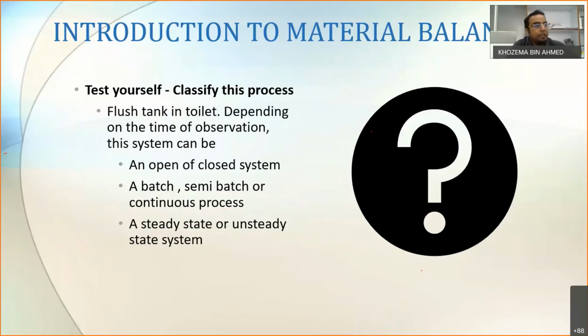Anyone have any examples of a closed batch system? Can you give an example? So if I ask you, try to make an open, steady state, and continuous system. What example can you give from your daily life?